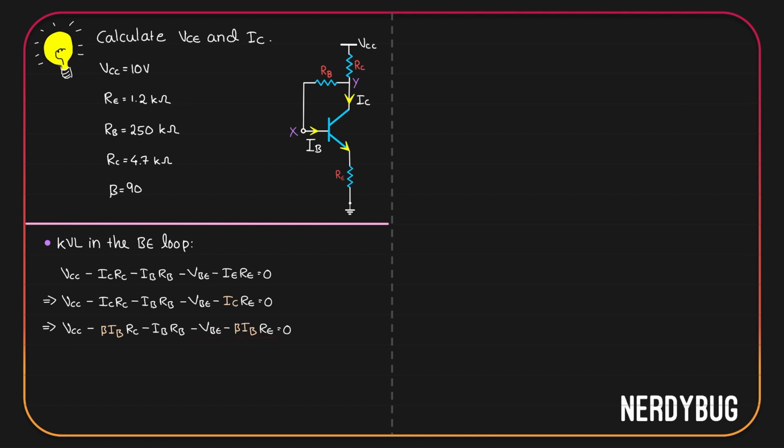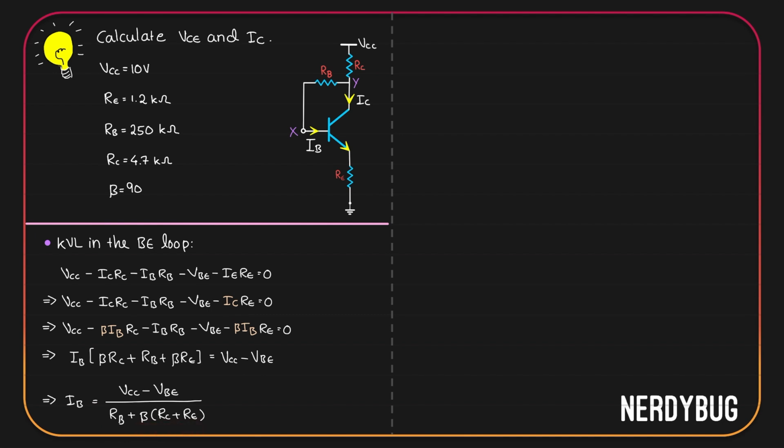Let us rearrange this equation so that we can find an expression for IB. I got IB multiplied by beta RC plus RB plus beta RE is equal to VCC minus VBE. From here, we can easily write IB is VCC minus VBE divided by RB plus beta times RC plus RE.